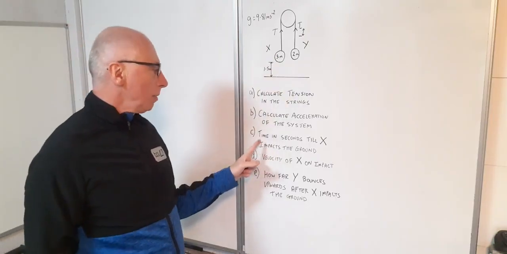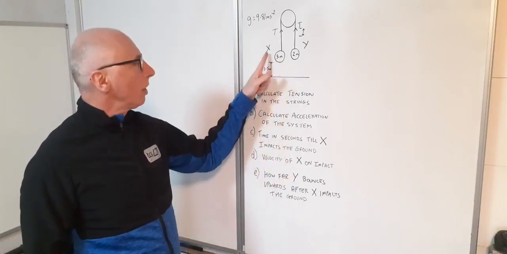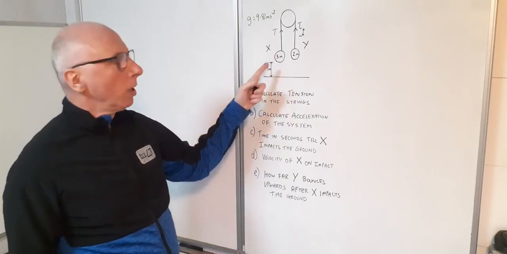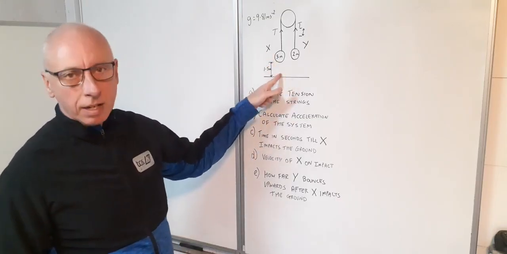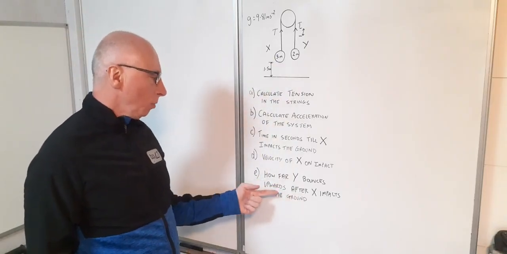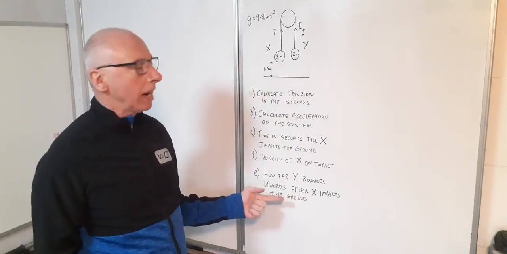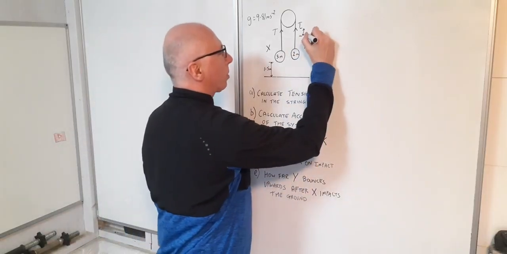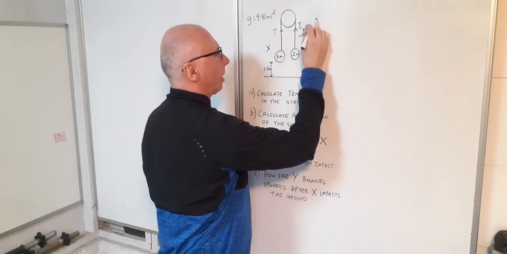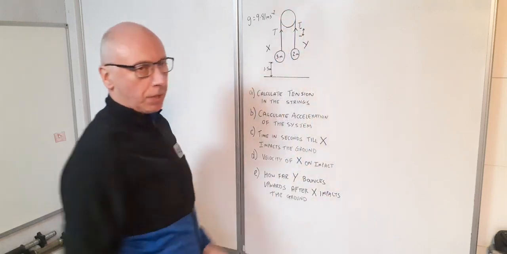Then we want the time in seconds it takes for this side x, mass 3m, to hit the ground. We also want to know the velocity of x as it impacts the ground, and then we want to find out how far y bounces upwards after x impacts the ground. So we only want the distance upwards, we don't want the total distance. So this distance here, just the distance upwards.